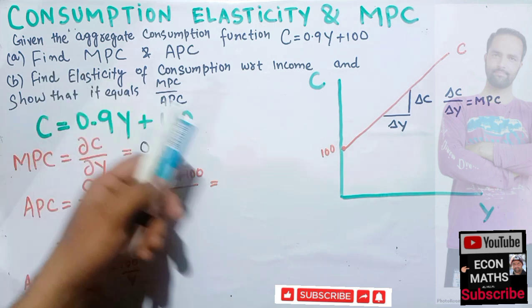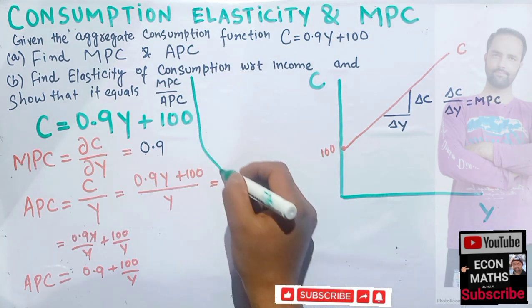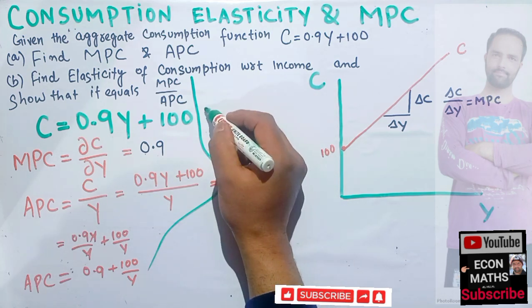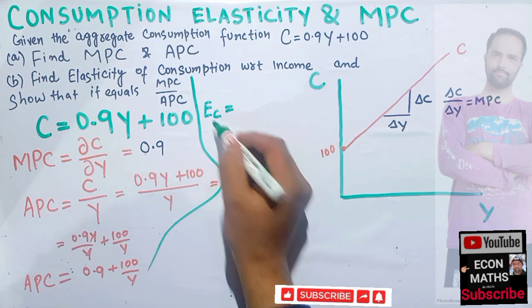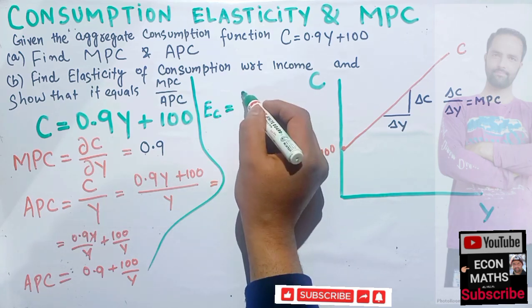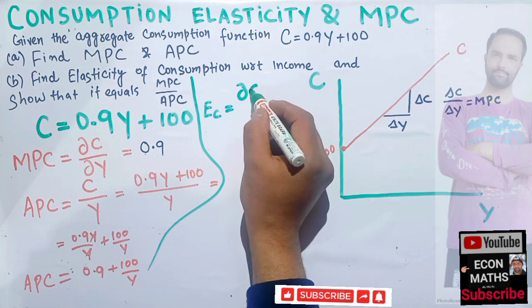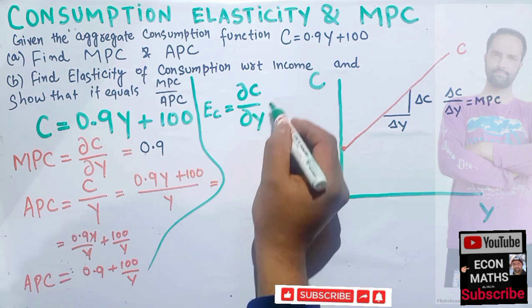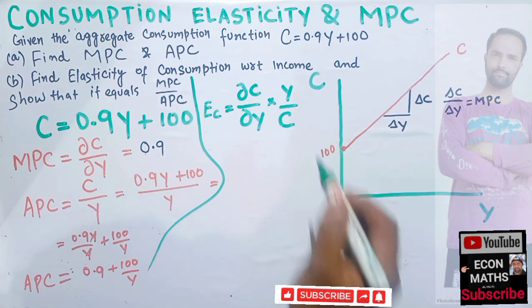And we have to find the elasticity of consumption with respect to income. It is very easy. As we calculate the elasticity of supply or elasticity of price, so we can calculate the elasticity of consumption with respect to income. The elasticity of consumption with respect to income is simply the change in consumption upon change in income, into income upon consumption.